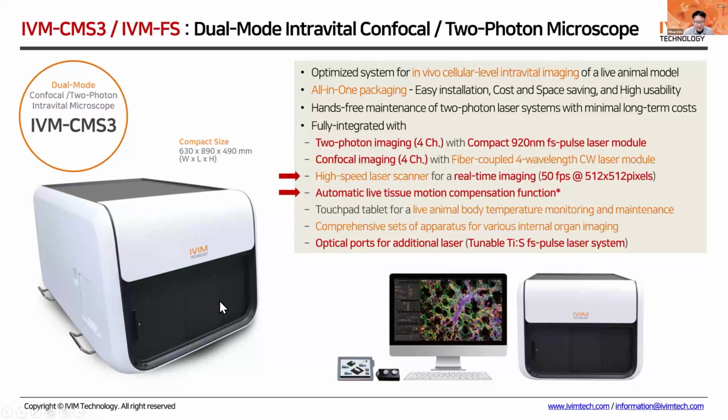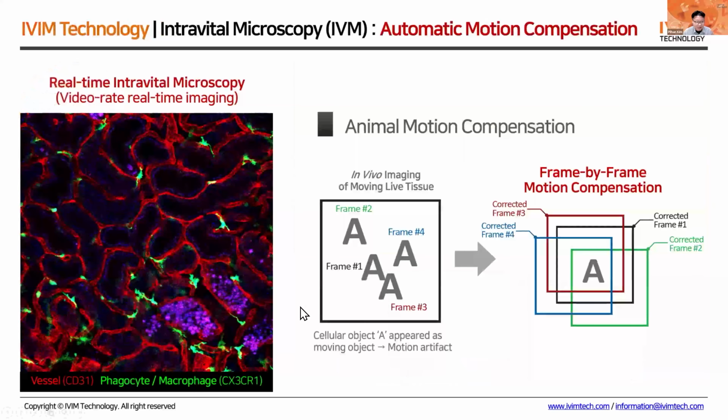Also, our microscope has a very high-speed laser scanner inside. By using it, we can achieve real-time imaging with the speed of 50 frames per second at 512 by 512 pixels.